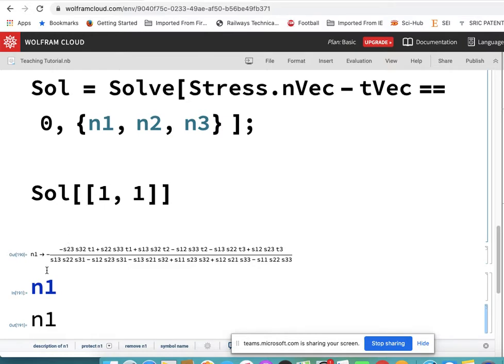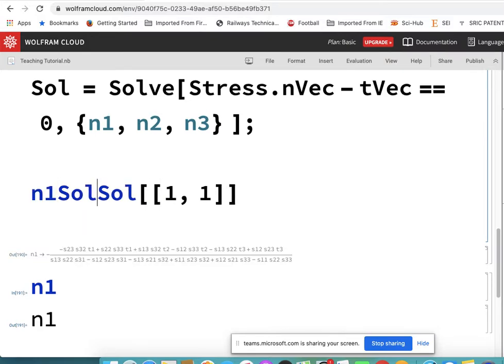If I want to assign this value, I have to say n1 solution is equal to n1 slash dot.